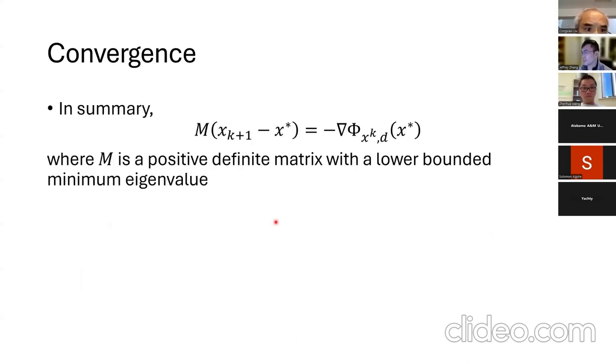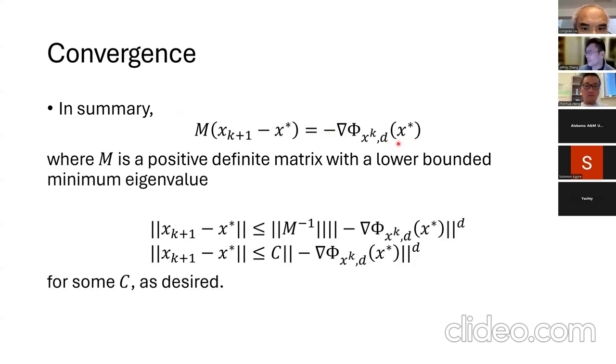So in summary, essentially we have some matrix M, which is that big giant integral matrix that I had before. We have some matrix M times xk plus 1 minus x star is equal to the gradient of the Taylor expansion at x star.